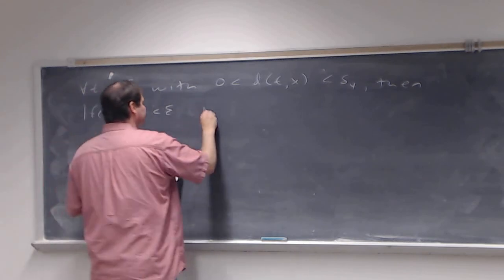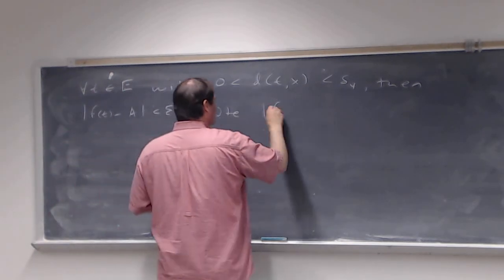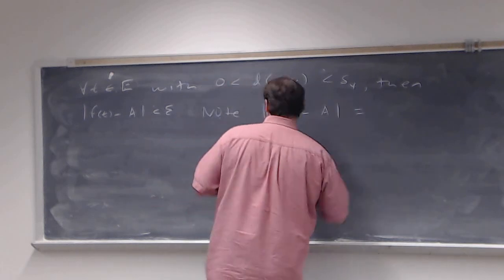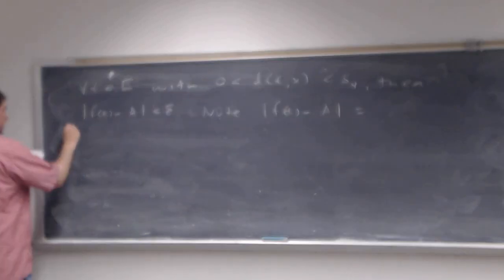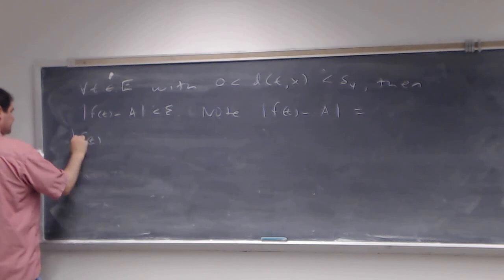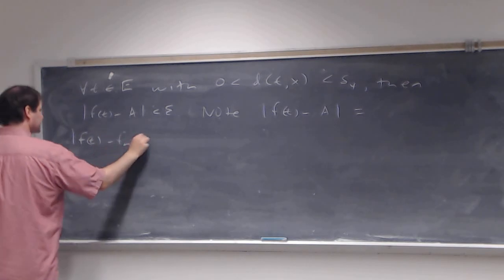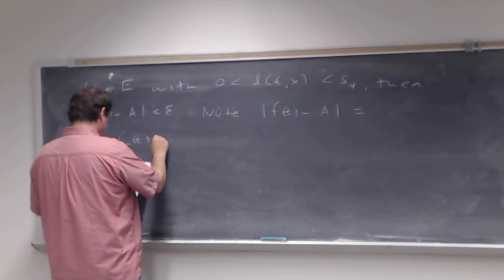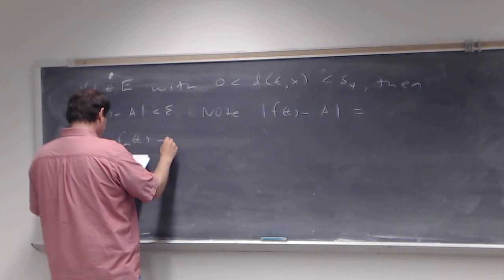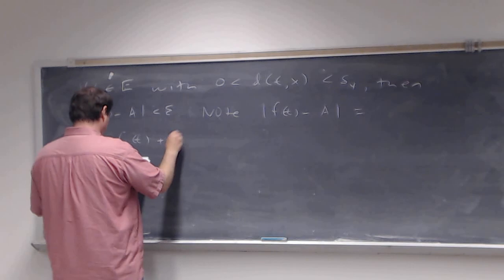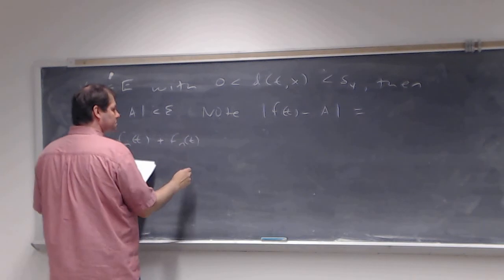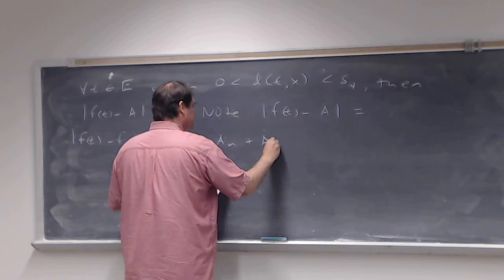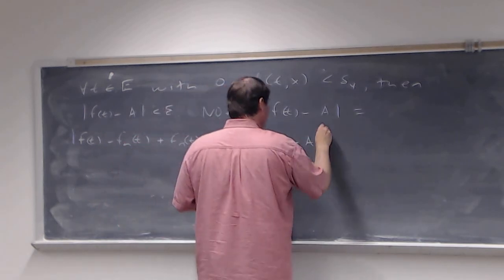So here, note that the norm of f of t minus a is going to be equal to the norm of f of t minus f sub n of t, plus f sub n of t minus a sub n, plus a sub n minus a.